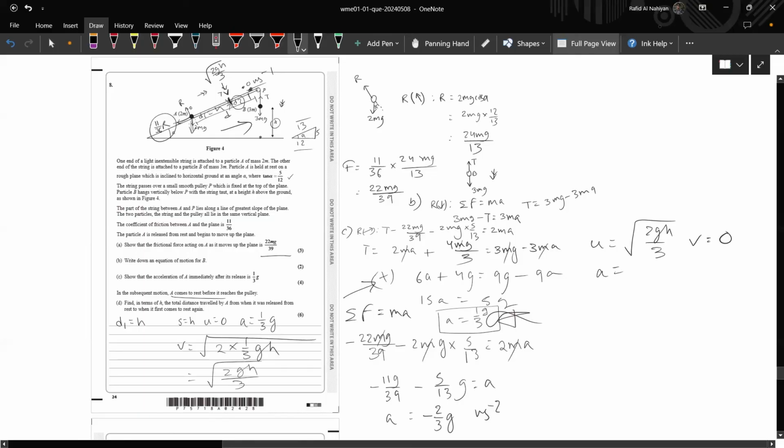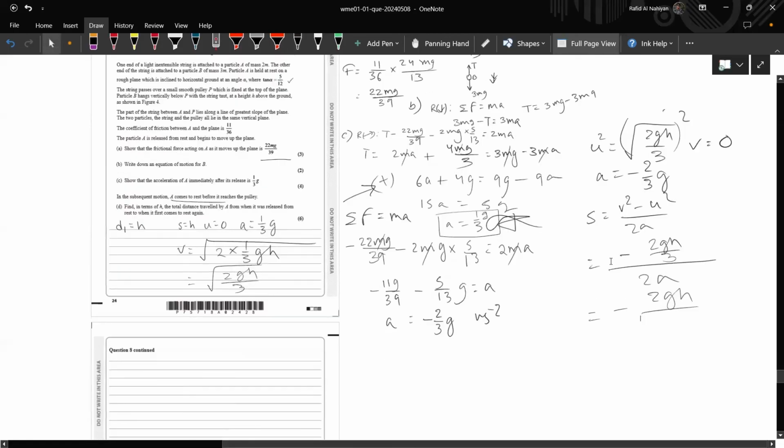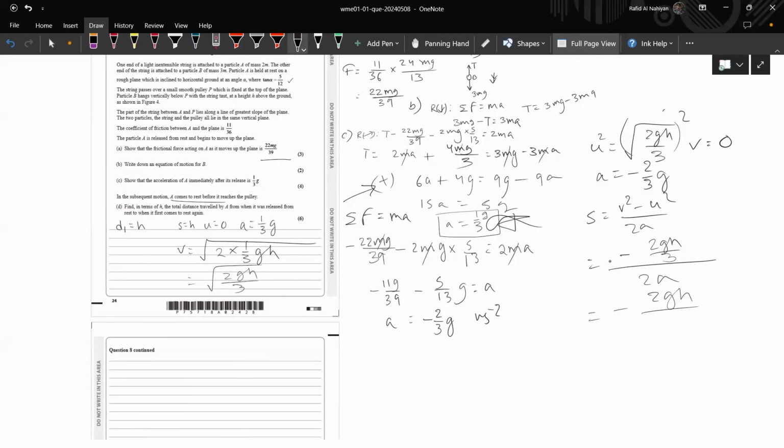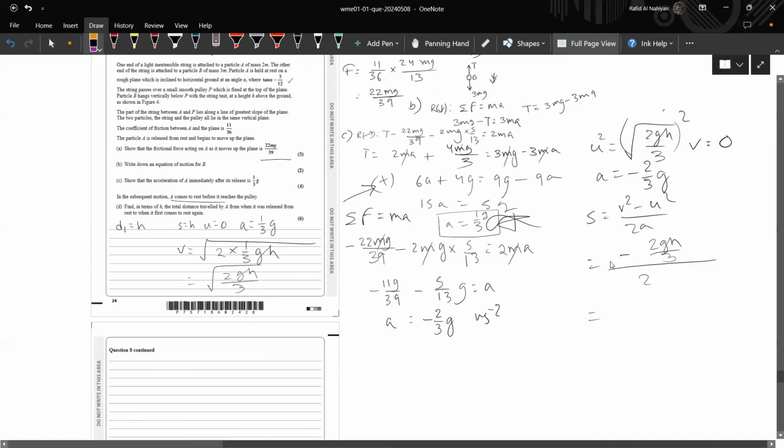And I've also got the acceleration. So I can easily find out that extra distance that A travels. So s is going to be v squared minus u squared divided by 2a, and that is essentially just minus 2gh by 3, because this whole squared is just 2gh by 3, and that divided by 2a. Oh, I've got to put in the acceleration as well, right? So the acceleration is, of course, minus 2g by 3.